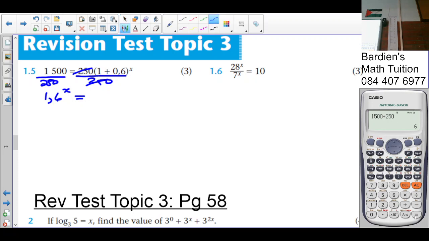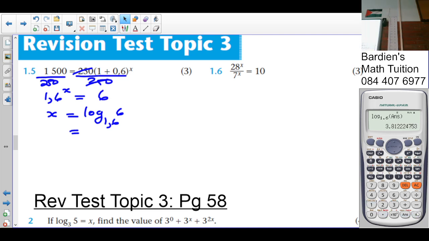So 1.6 to the exponent x is equal to 6. We change this to log form, so x is equal to log 6 base 1.6. The base remains the base. That gives us 3,81.